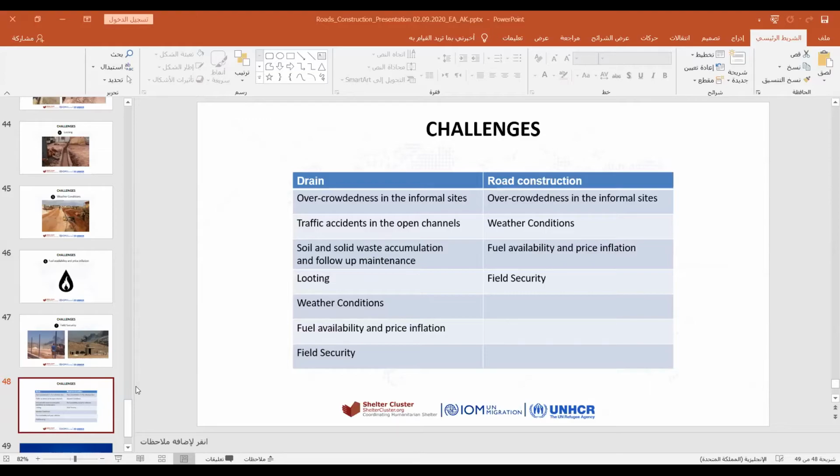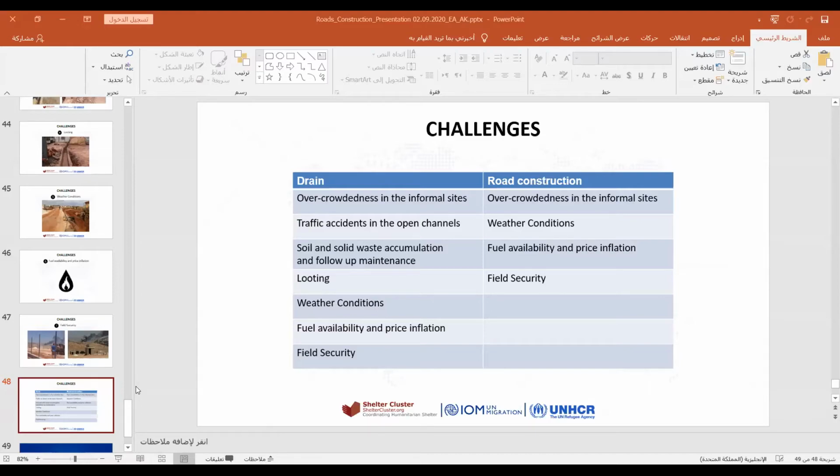Yes, I agree with you. There's always a problem with the budget, and I don't know if I can call it lack of estimation, because the cost is relatively high, and if we compromise, this could result in shortening the lifespan of the road or the channel.